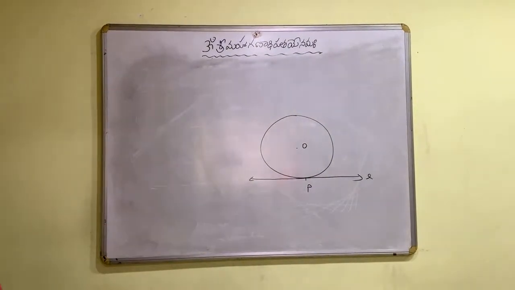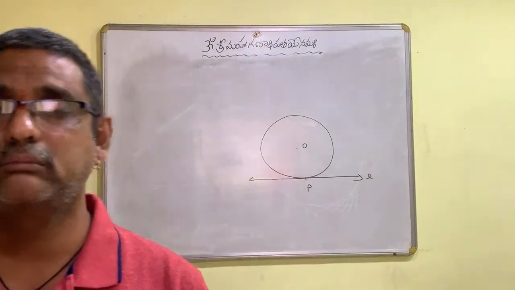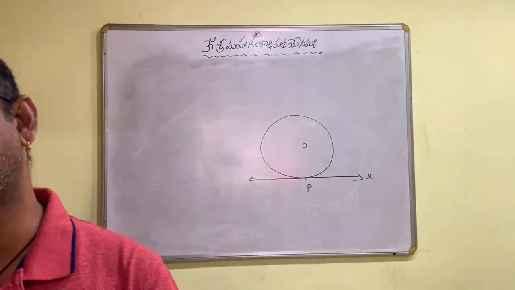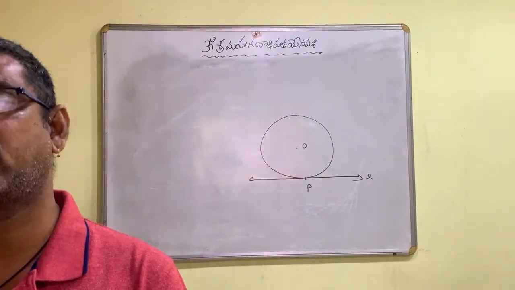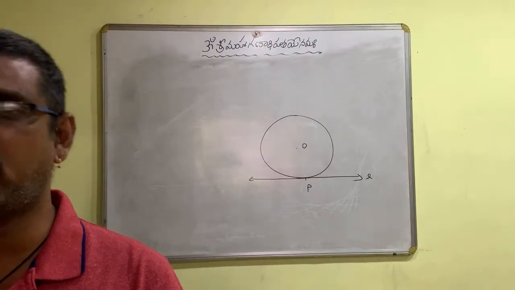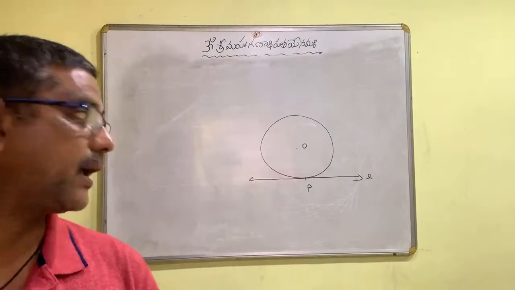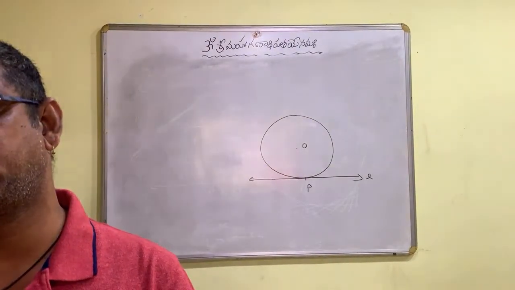P is the only point which is common to the circle as well as the line. That is also right. Okay. P is called as point of contact. That is also right.